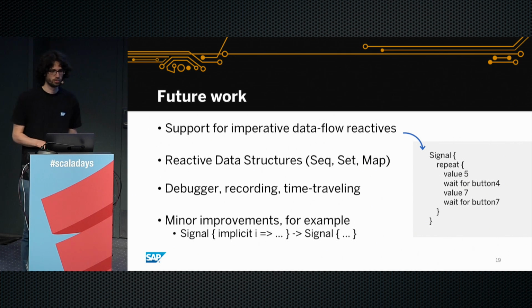And there are other minor improvements. For example, this is a syntax that Scala-X supports, but we don't yet support, and we would need some macro to support this right now. Although in Scala 3.0 this would also be supported without a macro.